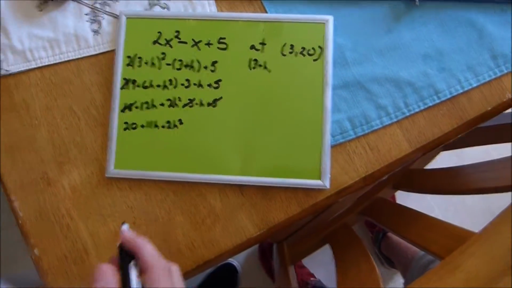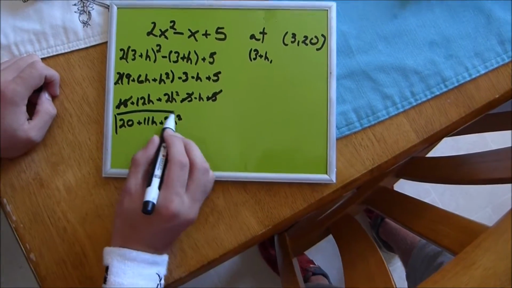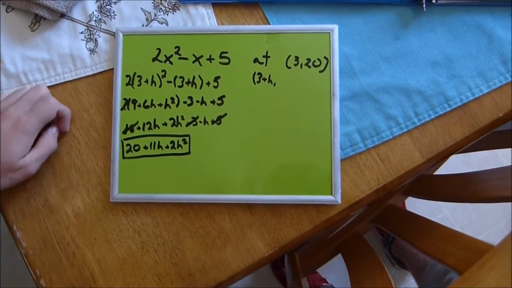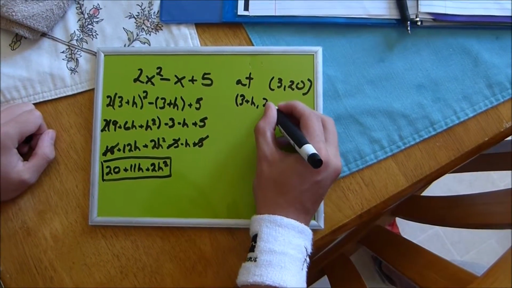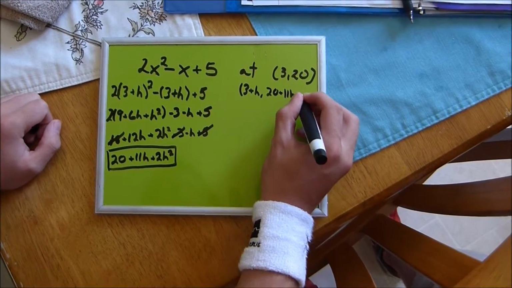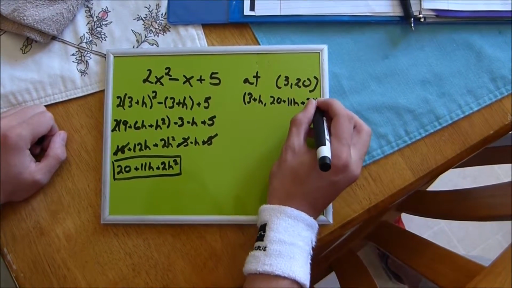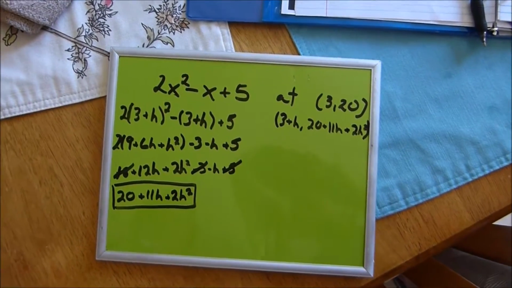Here's our y coordinate. So it's 20 plus 11h plus 2h squared, and then put parentheses around that.